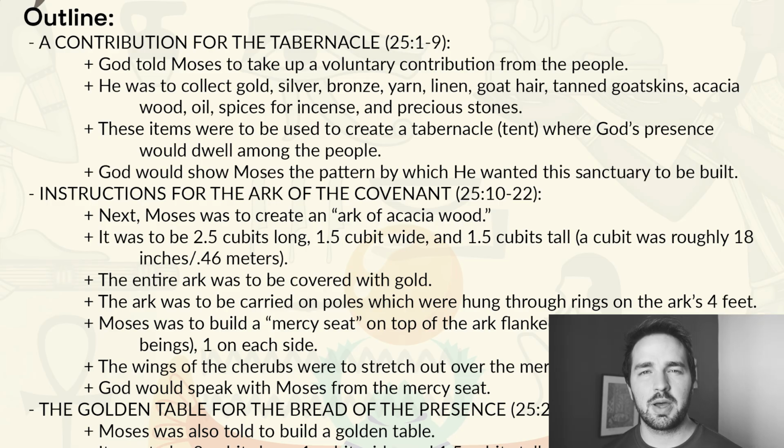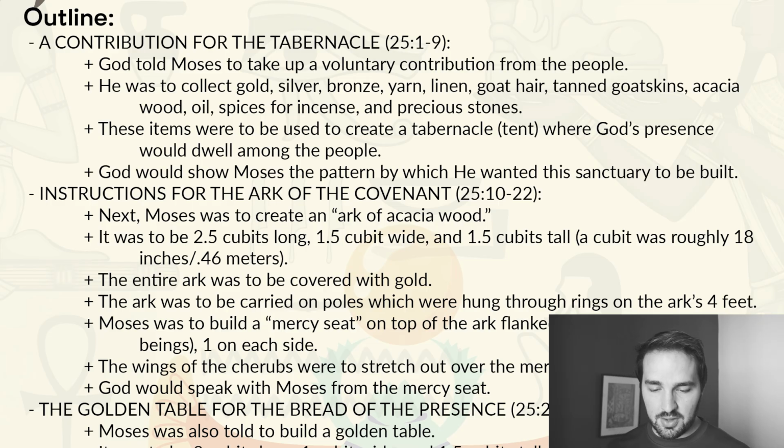Right now, we're just going to talk about the very first part of the tabernacle's construction and how the materials were gathered. So verses 1 through 9, a contribution for the tabernacle. God told Moses to take up a contribution, a voluntary contribution from the people, and he was to collect quite a few things: gold, silver, bronze, yarn, linen, goat hair, tanned goat skins, acacia wood, oil, spices for incense, and precious stones.